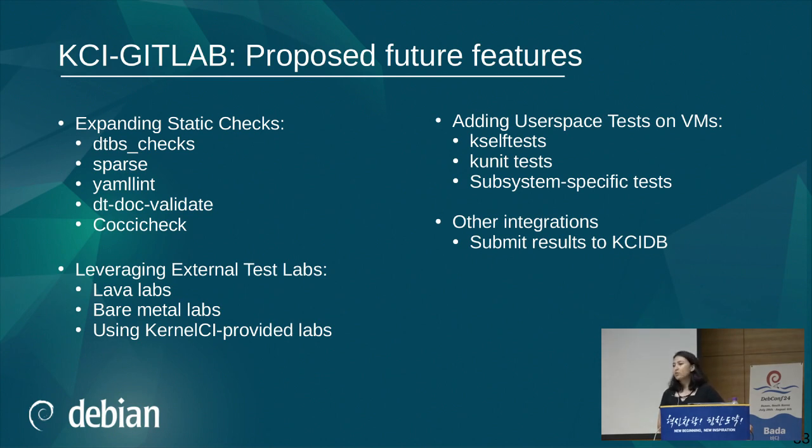And other integrations: there is this interesting project called KCIDB, which is meant to be like a central database for all the kernel CI systems around. So everybody with a CI system is welcome to test and submit results to this database. Then we can mine those data and get specific insights.